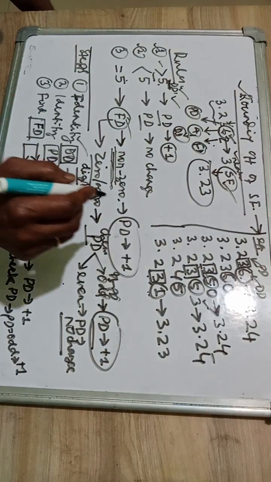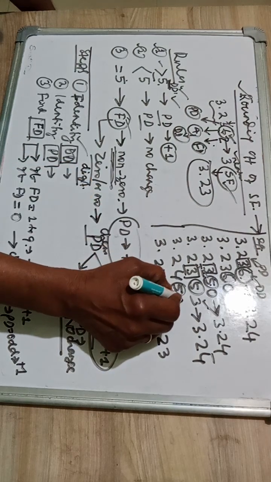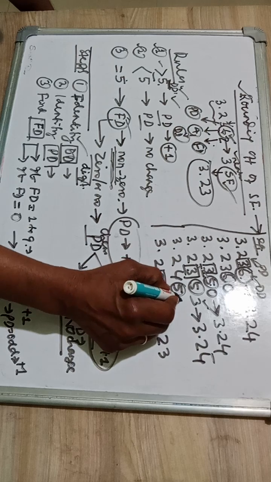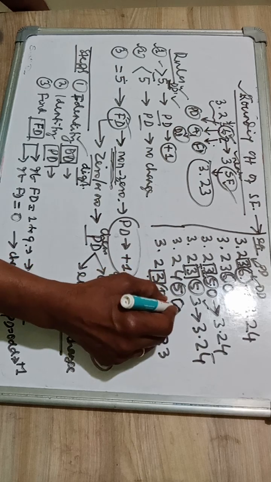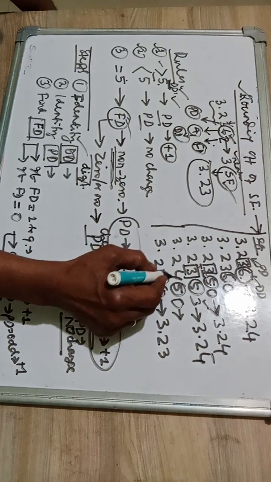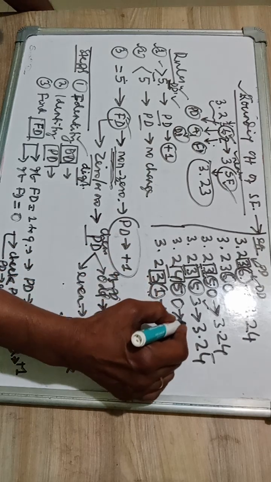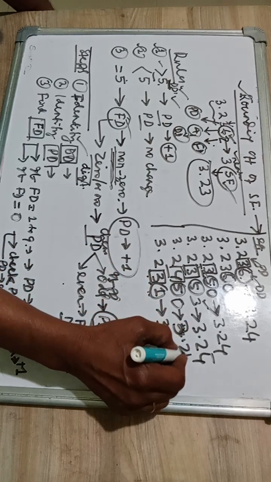Suppose in another case, whether 0 is there or no number is there, and PD is even, then there is no change: 3.24.